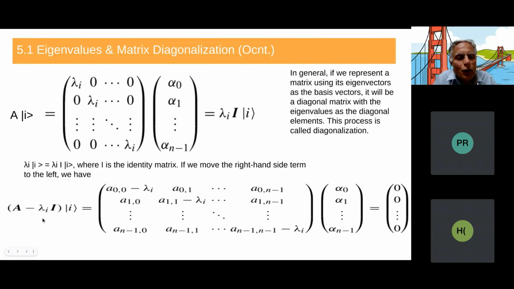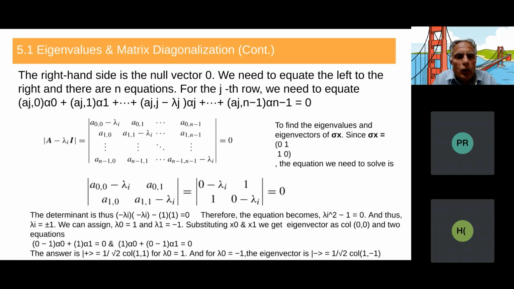So what is that value? Our goal is to find out: if A minus lambda I is applied, either the vector is 0 or this is 0. If the vector is not 0, this must be 0, so A equals lambda I. We are looking for that solution.